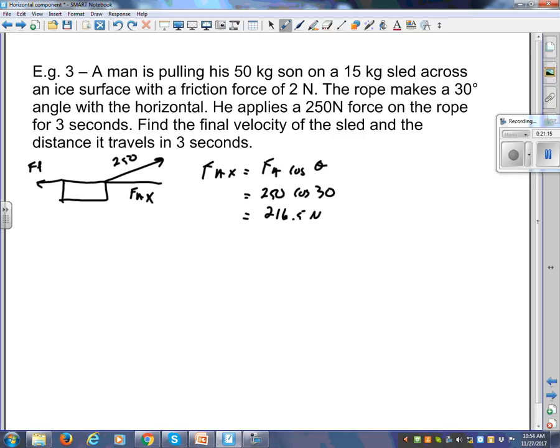Okay, so 1 mark for that. Now we got to deal with the friction. So F net is equal to FAX plus FF. So that's going to be my 216.5 plus a minus 2. It's on ice, so it doesn't reduce the applied force very much. 214.5.